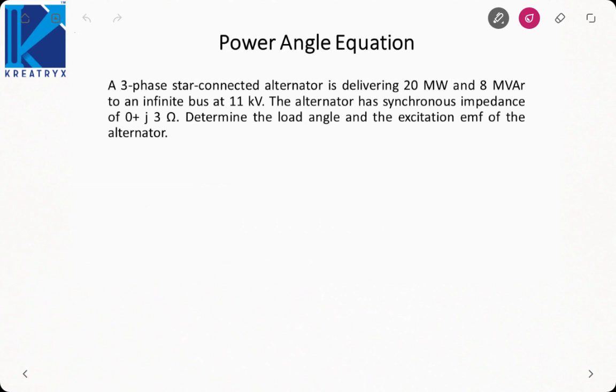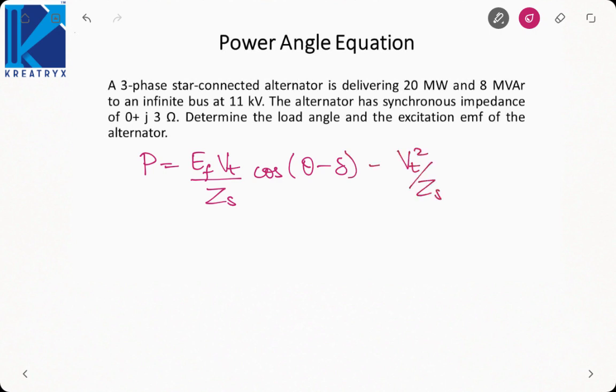The next type of problems in synchronous machine are based on the power angle equation in case of a cylindrical rotor. So what is the power equation? Power is EF Vt by Zs cos of (theta minus delta) minus Vt square by Zs cos of theta.